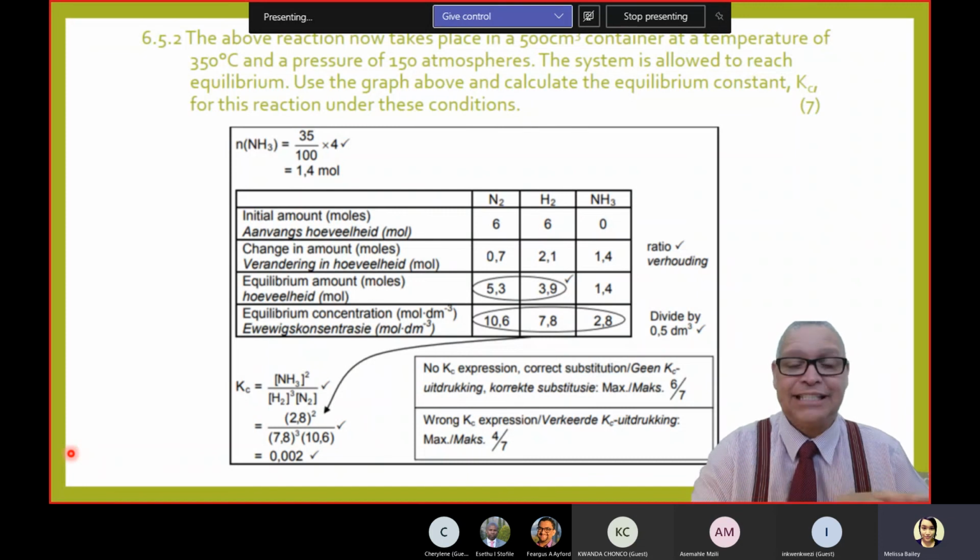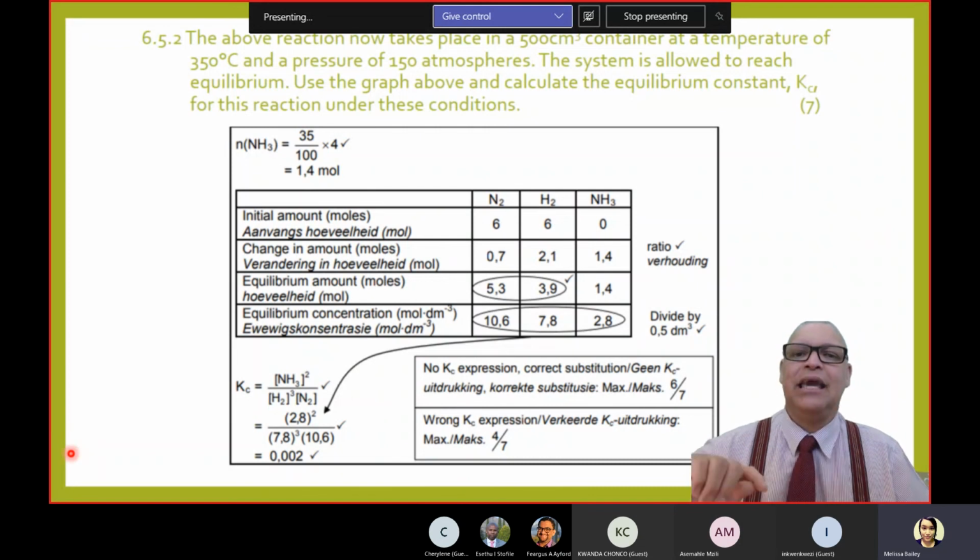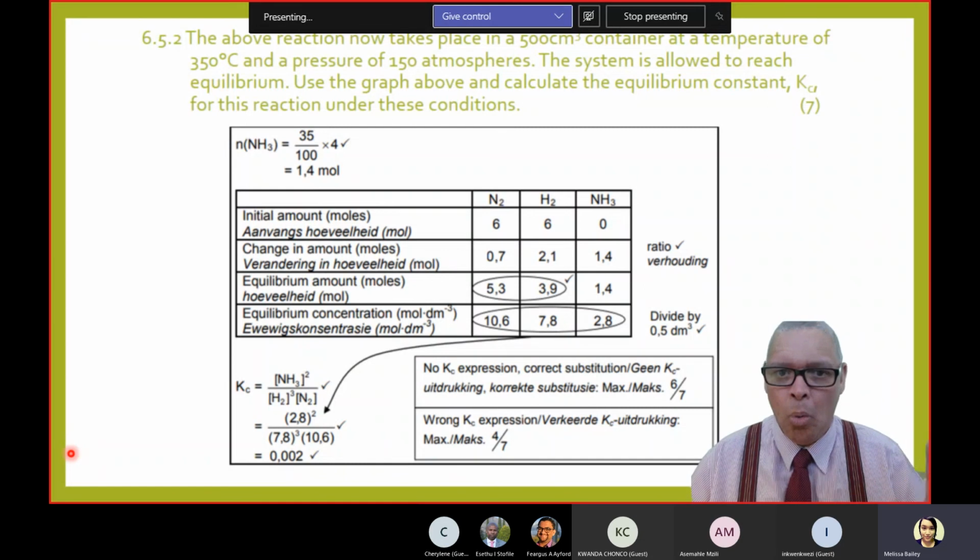And if it's indicated in the gaseous phase, well, then you take it into account in your Kc calculation. If it's indicated in the aqueous phase, you also take its concentration into account. If it's indicated as a liquid, it gets the number 1, simply put.